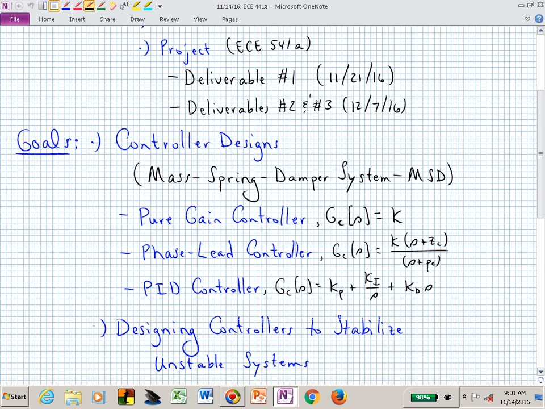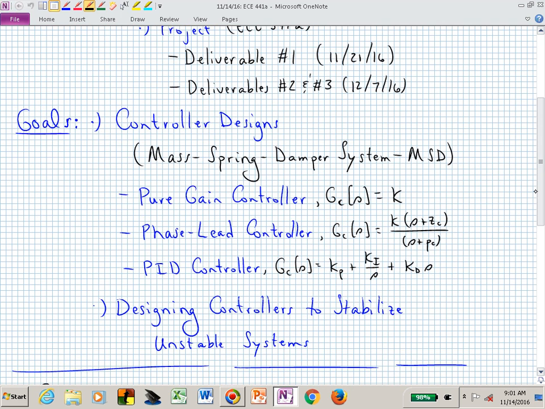Today what I want to do is talk about designing a controller for our mass spring damper system, which is lab number 3. There are already notes and a video for that, and I think you need to watch those, but I want to give us another system with which to explore this idea of plotting root loci and then trying to shift that root locus around by introducing additional poles and zeros.